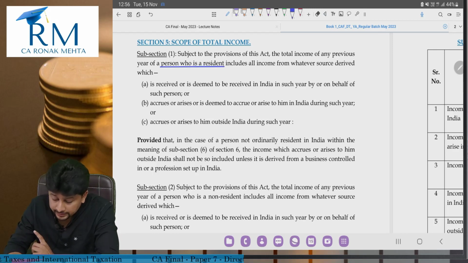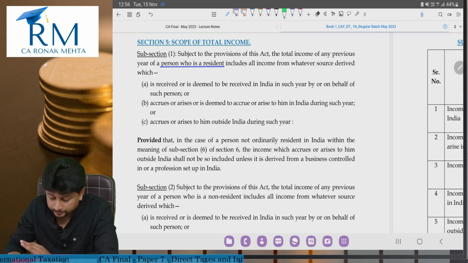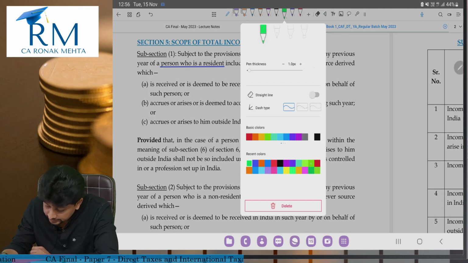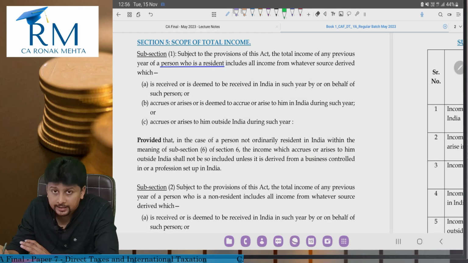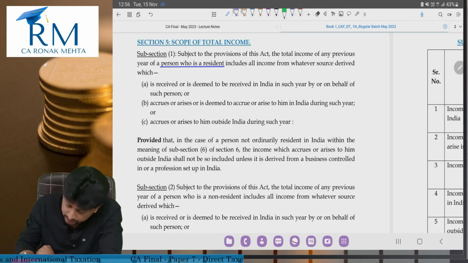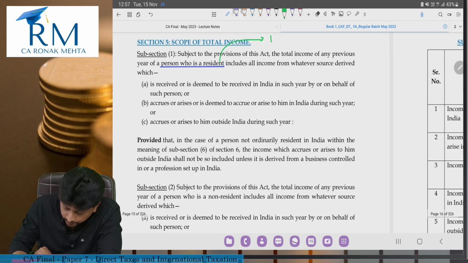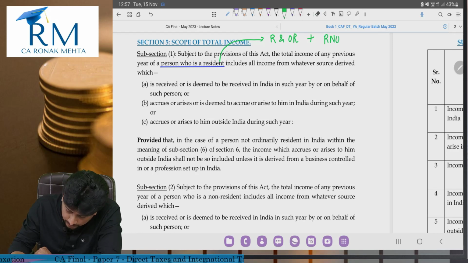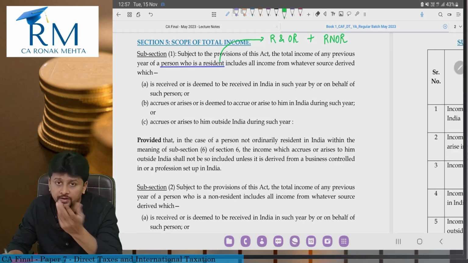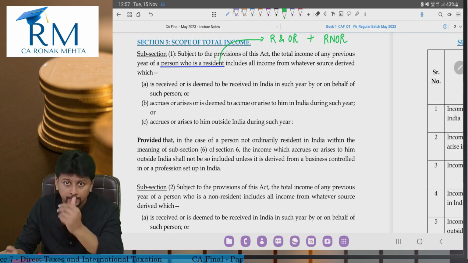It does not say which type of resident. It does not say whether you are resident and ordinarily resident or resident but not ordinarily resident. It simply says a resident. So when I say resident, right now I am covering resident and ordinarily resident, and I am also covering resident but not ordinarily resident. Everybody is a resident, I mean both of them.